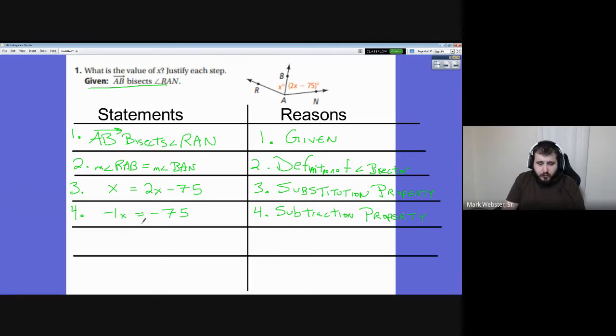And now going from step 4, I know I can divide both sides by negative 1 to write down step 5, x equals 75. And how did I do that? I divided. That's the division property.